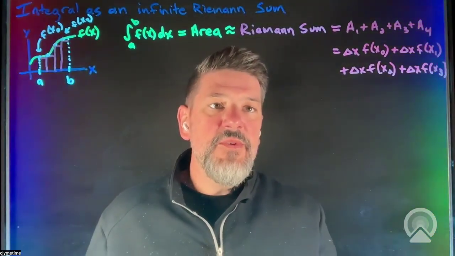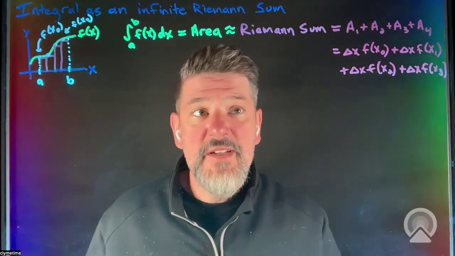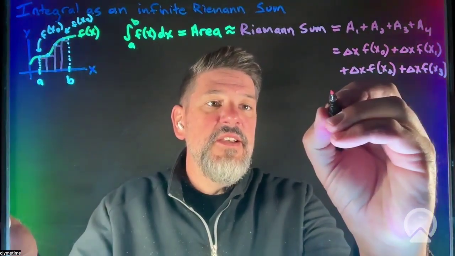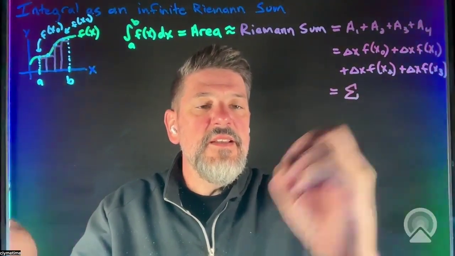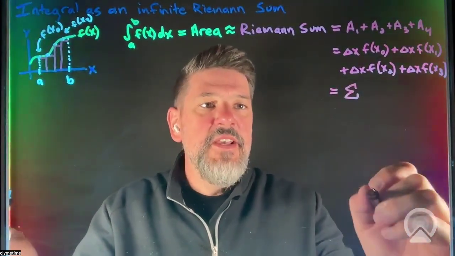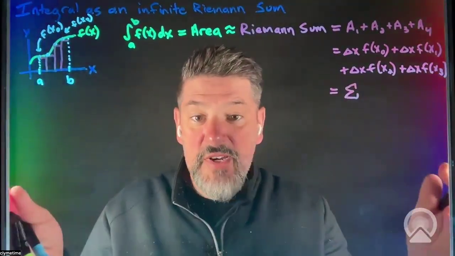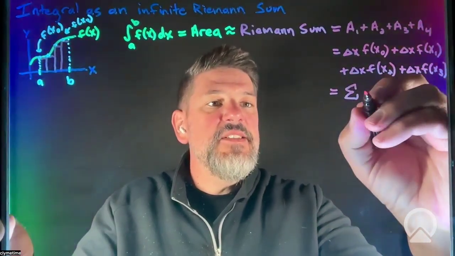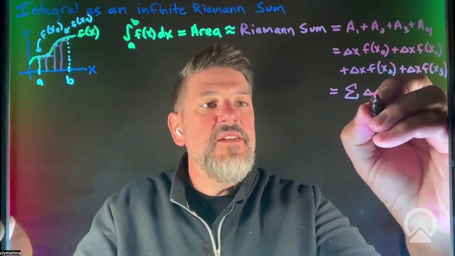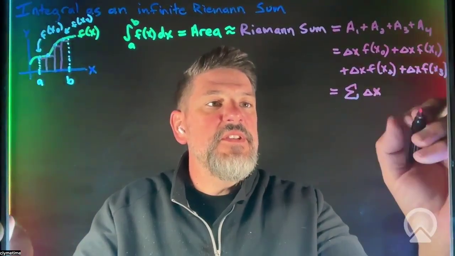All right, so now what we're going to try to do is simplify this into a formula using summation notation. So summation notation looks like this. It's a sigma, and sigma is classically associated with sum in statistics and mathematics. And so delta x is going to be in every single term. So what this means is we add up a bunch of terms, and delta x is in every single term.